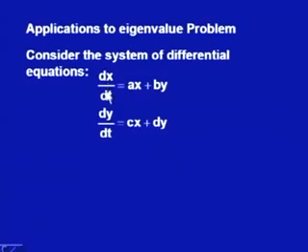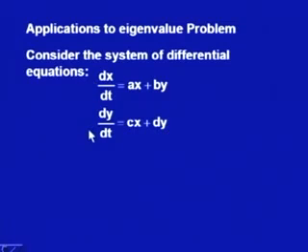So, we say dx by dt is equal to ax plus by, a and b being constants, and the second equation also relates the derivative of y with the variables x and y. So, dy by dt is equal to cx plus dy.